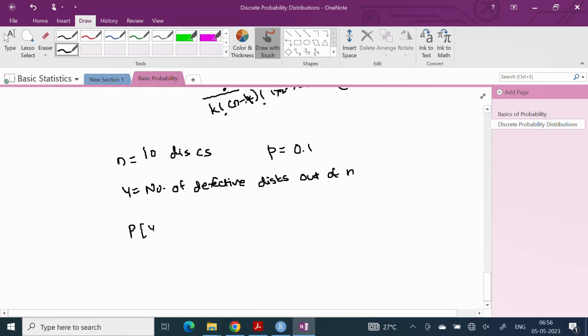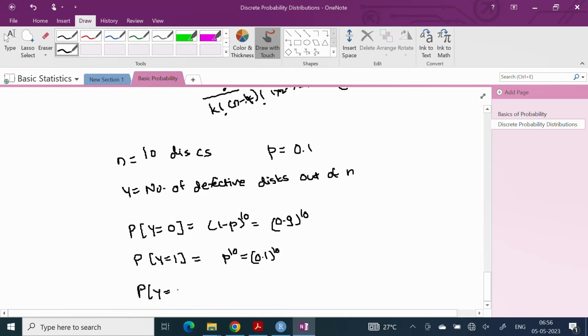So what are the chances that you have no defective disk in this pack? Probability of y equal to 0 will be (1 minus p) raised to 10, that is 0.9 raised to 10. Similarly, the probability of all being defective is p raised to 10, that is 0.1 raised to 10. In general, the probability of, let's say, 3 disks being defective would be 10 choose 3, 0.1 raised to 3, 0.9 raised to 7.